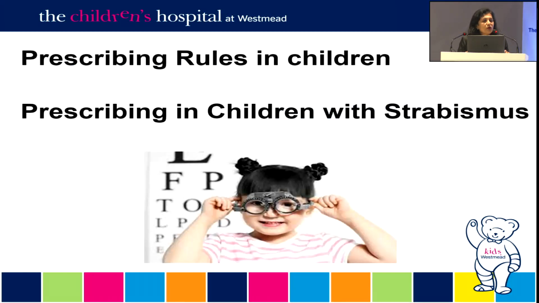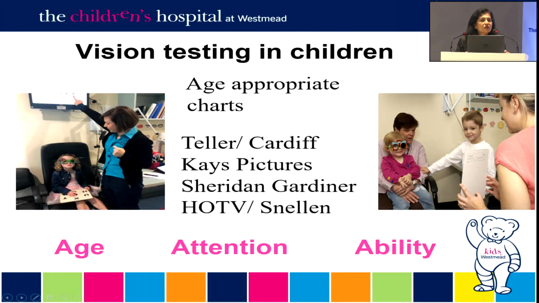We all know that vision testing in children is no easy feat. Children often are very difficult to examine, and the examiner often needs to be very patient, needs to reserve a lot of time, and also needs to have quite a bit of experience in measuring vision in children.